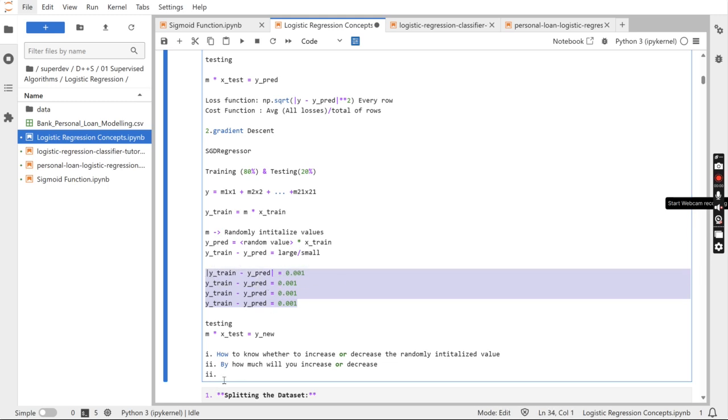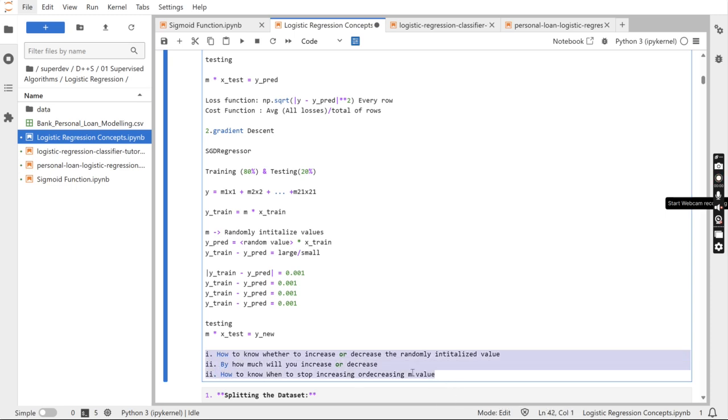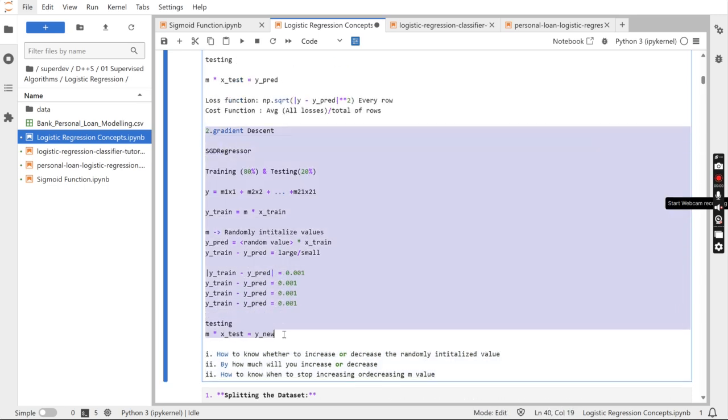That question is answered, but anyway I will type it: how to know when to stop increasing or decreasing the m value. So these are some of the questions that arise in this gradient descent process.